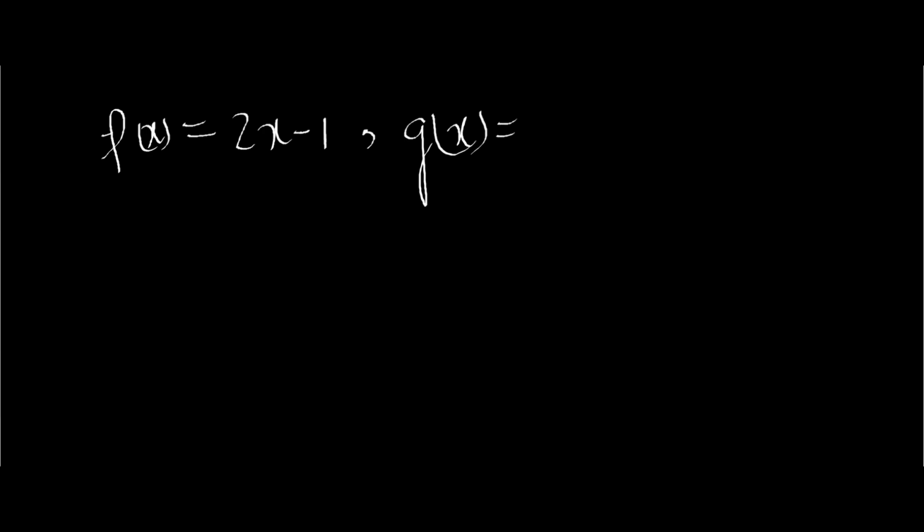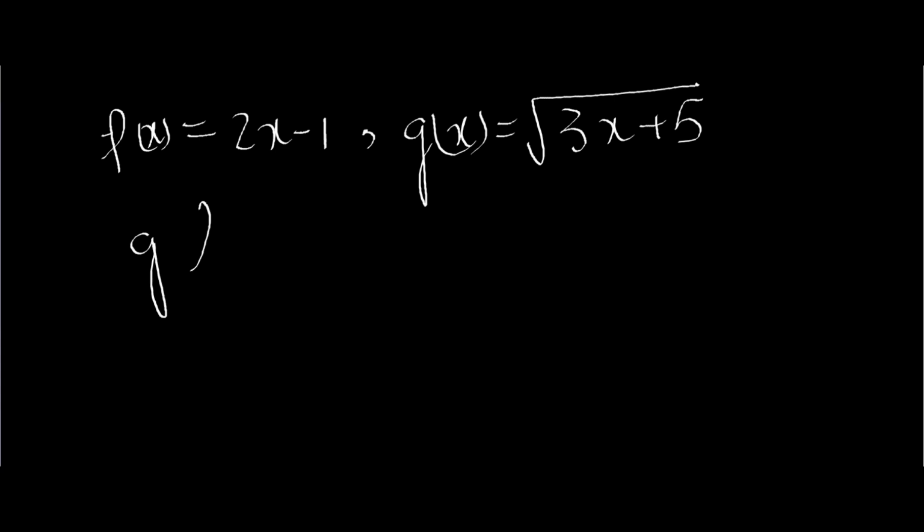The first one is f of x equals 2x minus 1, and g of x equals 3x plus 5. These are the two functions. The first thing it asks me to do is g f of 4.